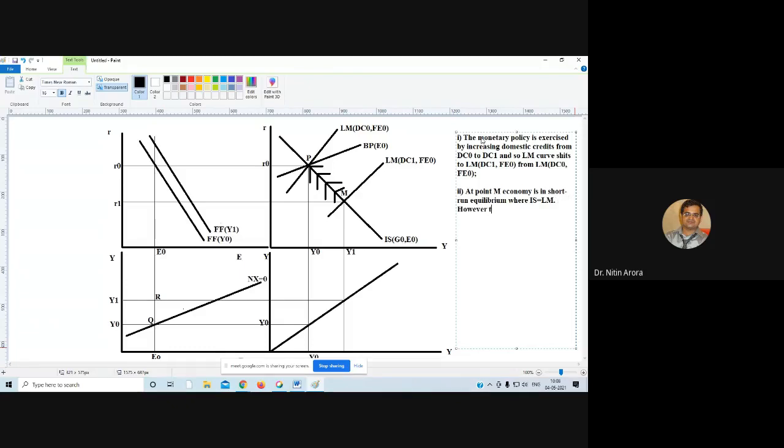However, this point lies to the right of BP curve and so explains BP deficit.